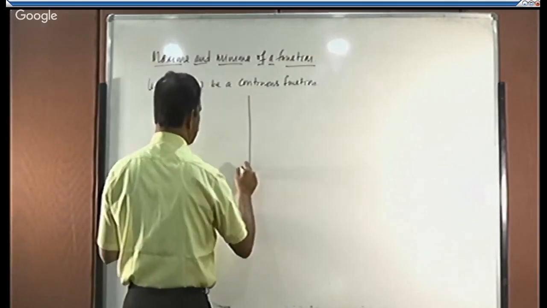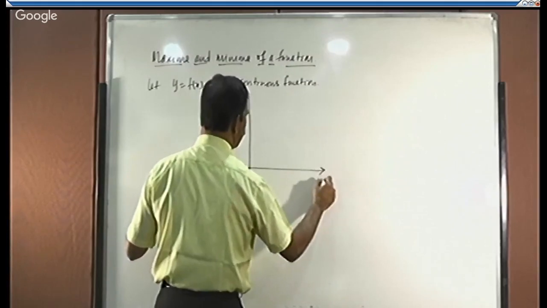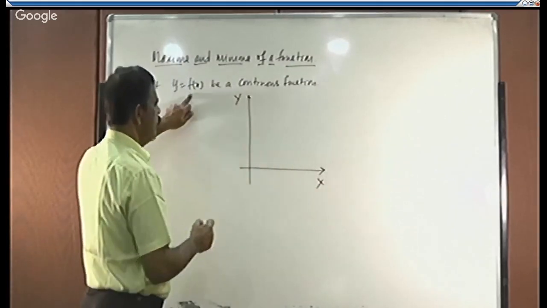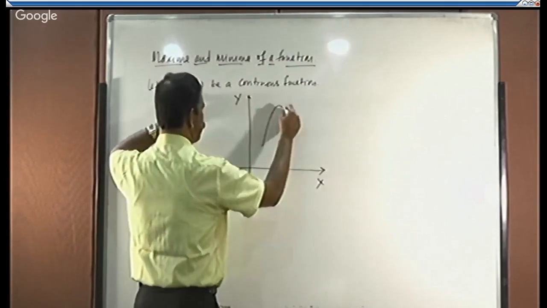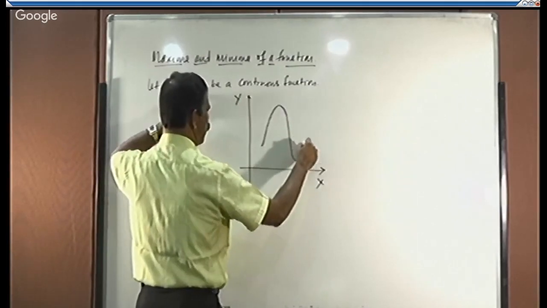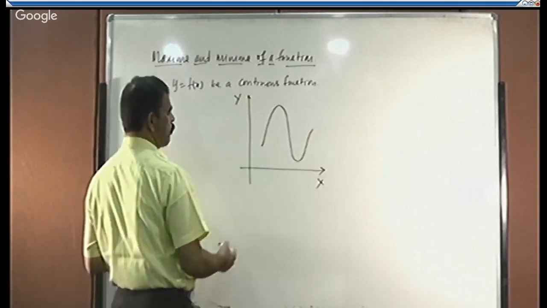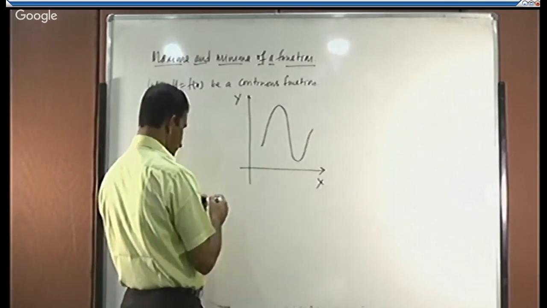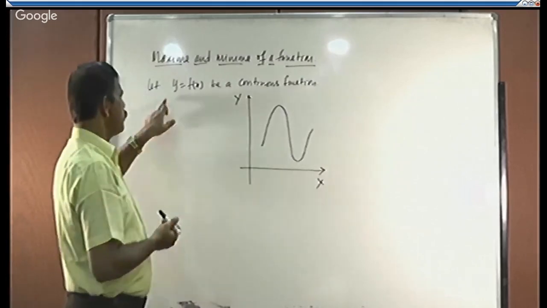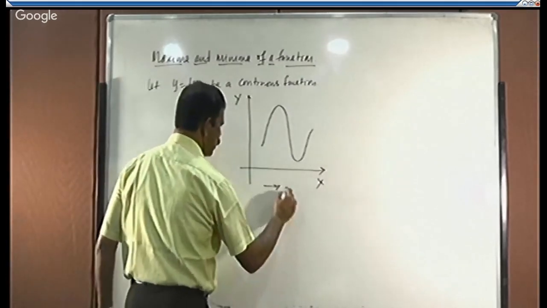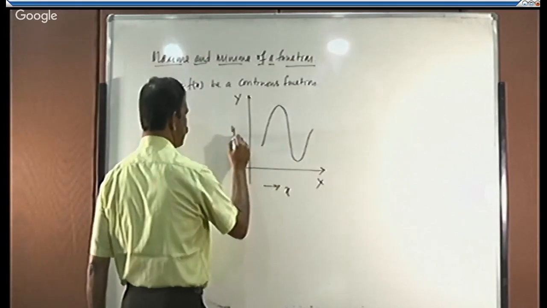Assume that this is the graph obtained for the function y is equal to f of x. This is x values, these are the y values.